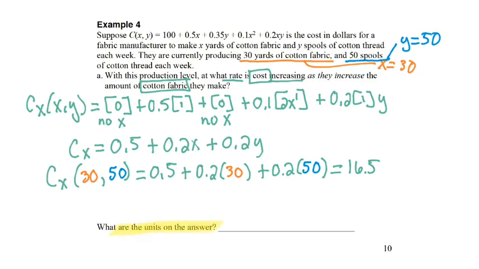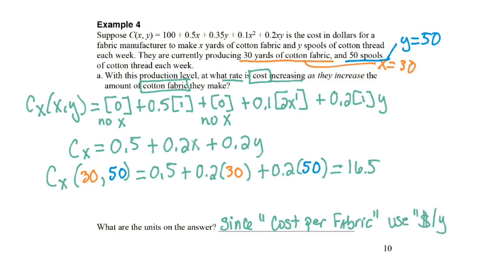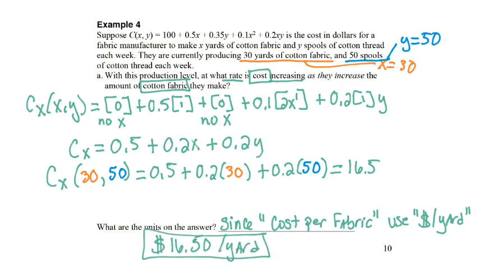Now again, we need to watch out for the units. We were taking the rate for the cost based on cotton fabric, and since cotton fabric is measured in yards, our final answer is $16.50 per yard.